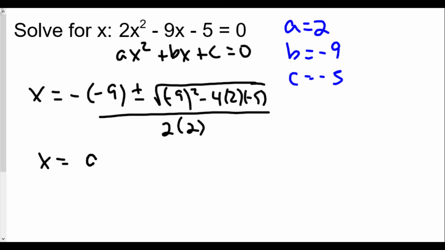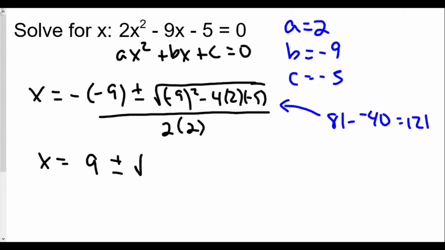Negative 9 becomes positive 9. And now this number here, 9 squared is 81 minus 4 times 2 is 8 times negative 5 is negative 40. Which means 81 minus negative 40 is the same as 81 plus 40, which is 121.